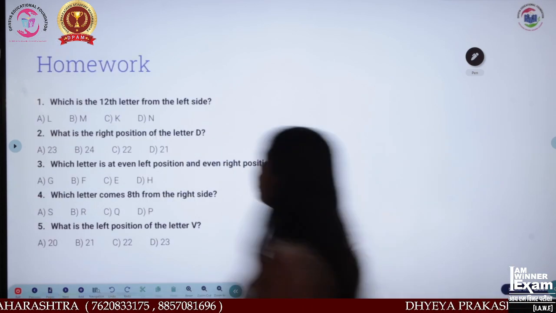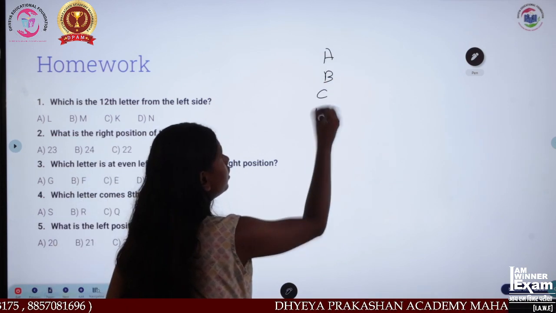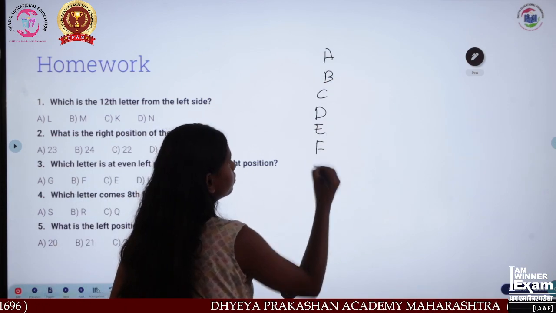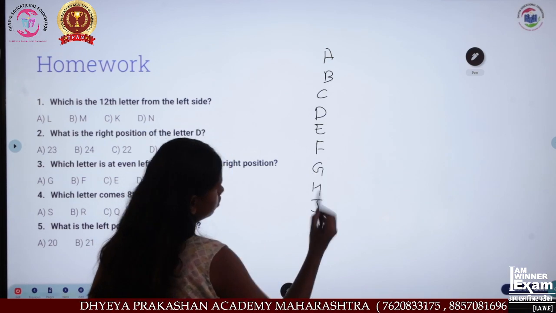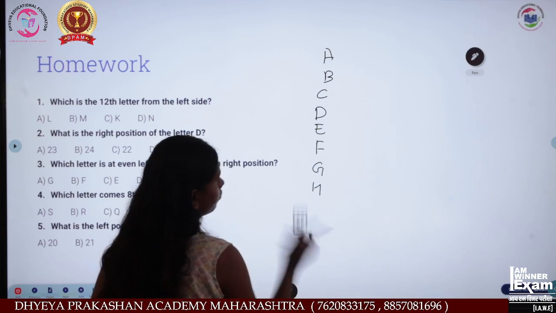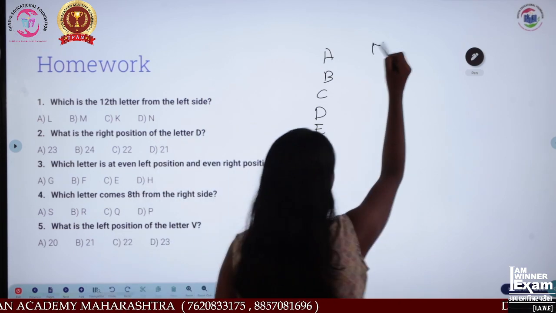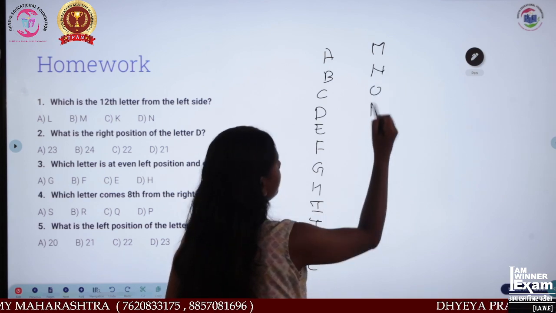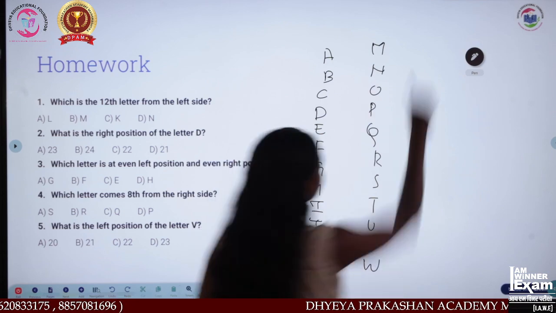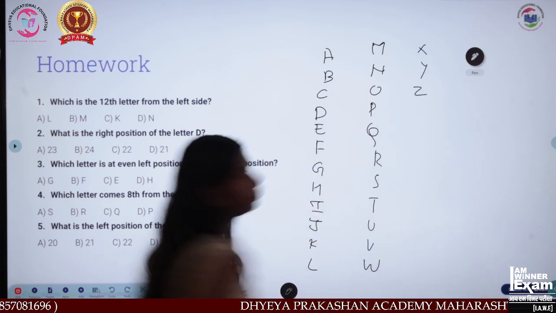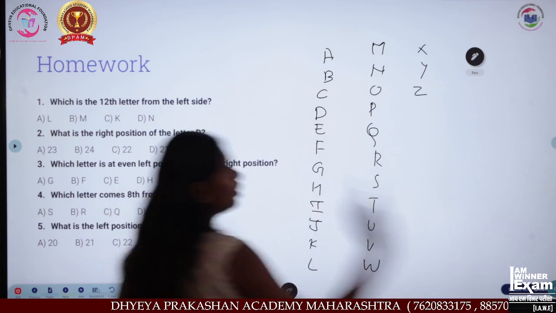You have to write the letters again: A, B, C, D, E, F, G, H, I, J, K, L, M, N, O, P, Q, R, S, T, U, V, W, X, Y and Z. And now you have to position them from the left hand side and also from the right hand side.